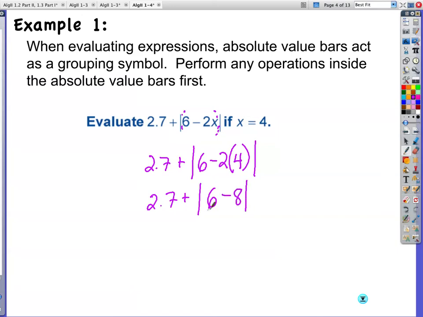All right, now I do this piece. I've got to do what's in the absolute value next. So I have 2.7 plus the absolute value of negative 2, which gives me 2.7 plus 2. The absolute value of negative 2 is just a plain old 2. And 2 plus 2.7 is 4.7.